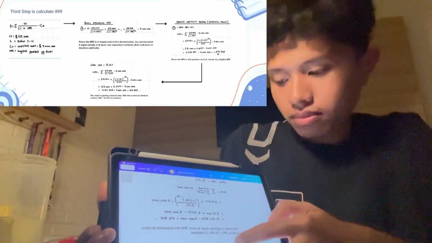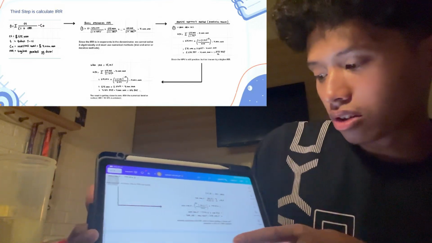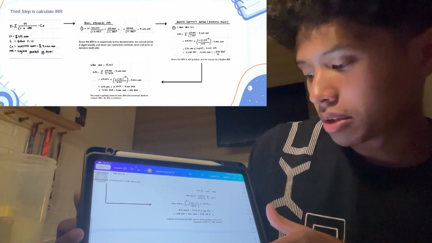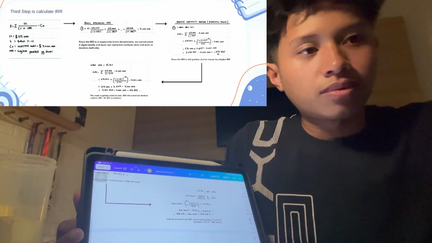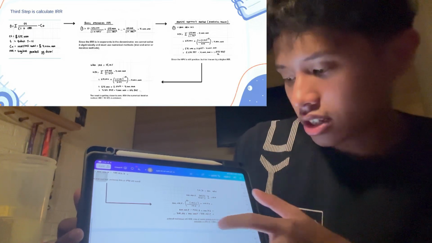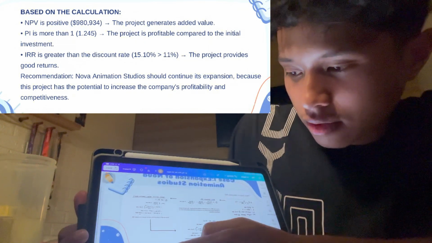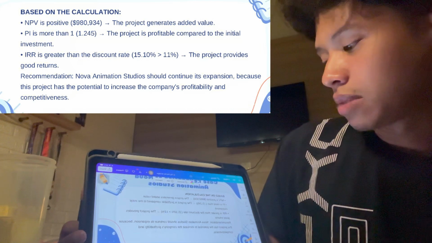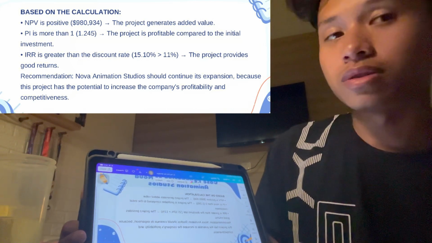And the result is getting closer to zero with the numerical iterative methods, and ERR of 15.10% is obtained. Last, based on the calculation, NPV is positive. The project generates added value.